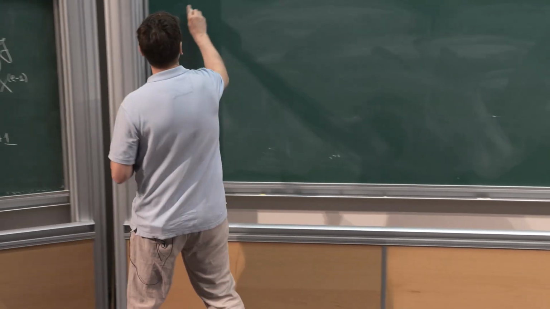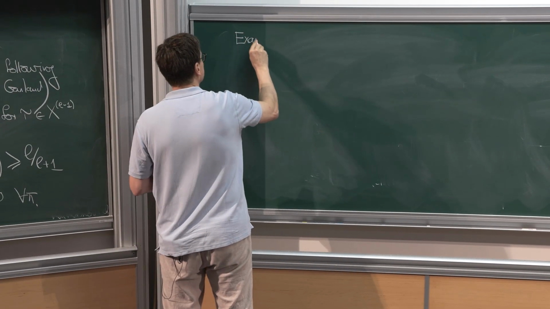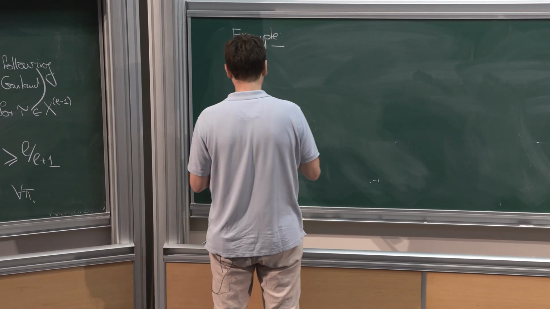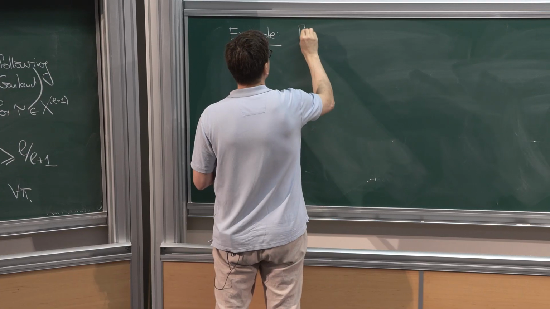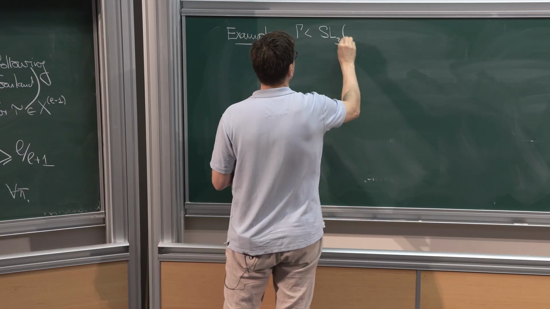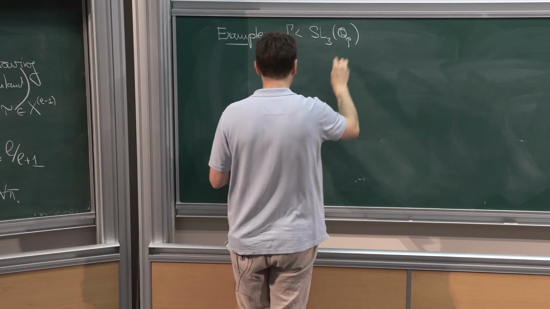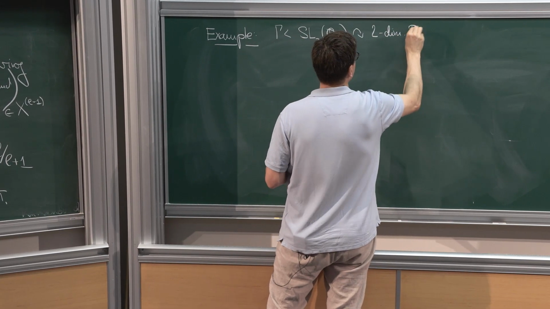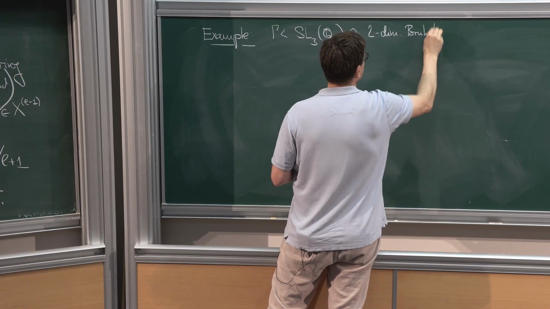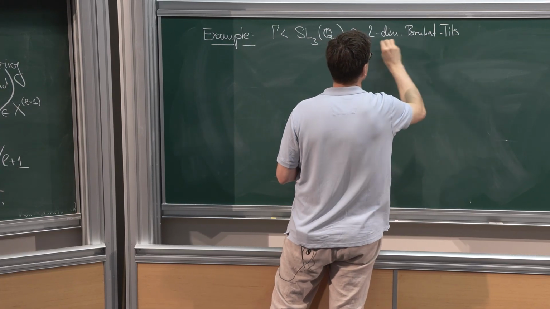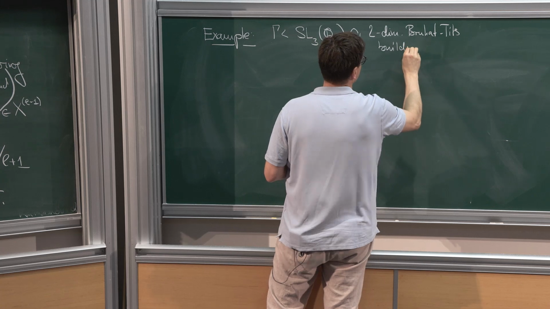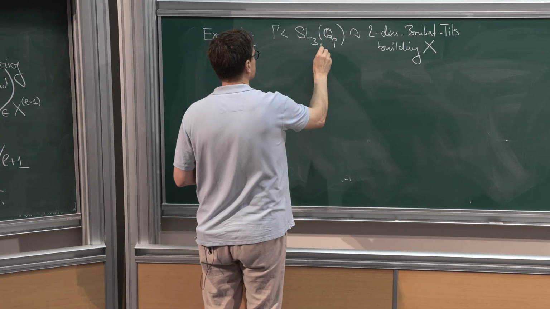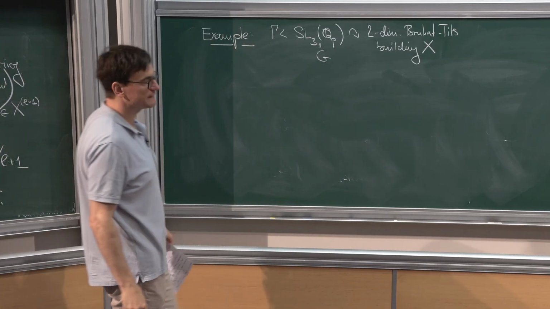So the example I want to look at now in the remaining time is SL_3(Q_p) acting on its two-dimensional Bruhat-Tits building. So that's my G, and my gamma is some lattice.